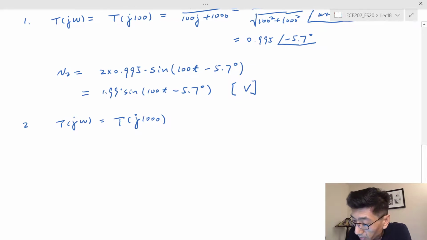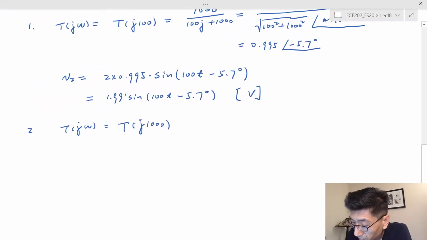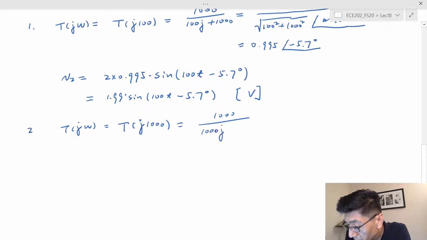So we replace s by 1000j, giving 1000 over 1000j plus 1000. We can do a similar calculation.